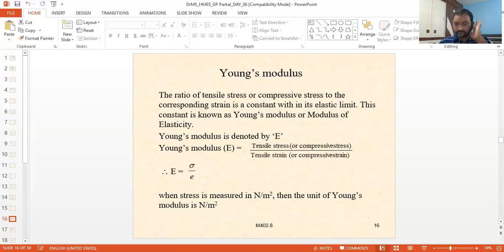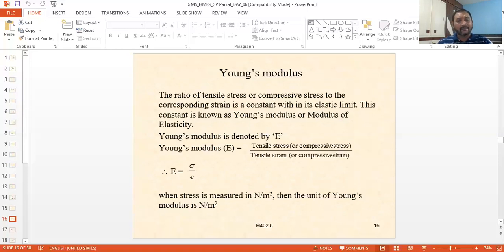And here the stress is generally measured in newtons per square meter or newtons per square millimeter, and we do not have any units for the strain. So whatever units we have for the stress, the same units hold good for Young's modulus also. So Young's modulus is generally expressed in newtons per square meter or newtons per square millimeter.